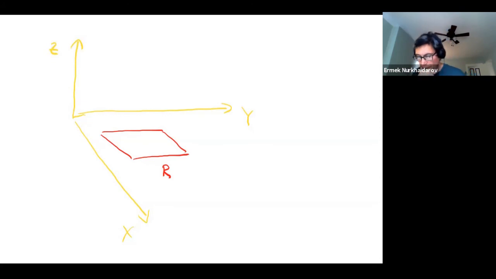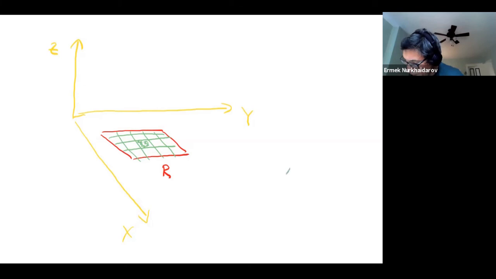And what we did is we divided our region into smaller rectangles. In particular, we look at one rectangle, this one, rectangle number i and j, and we take the area of that small rectangle.